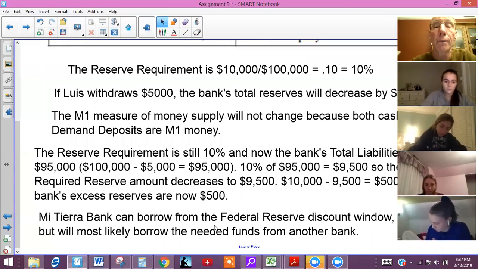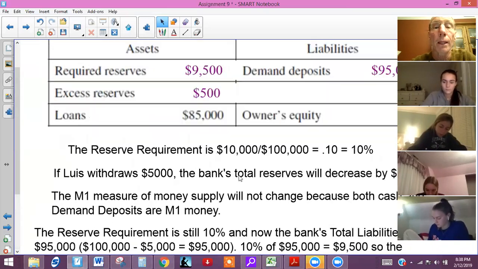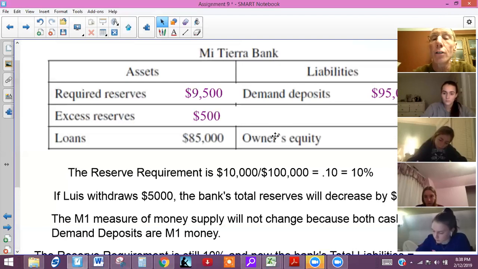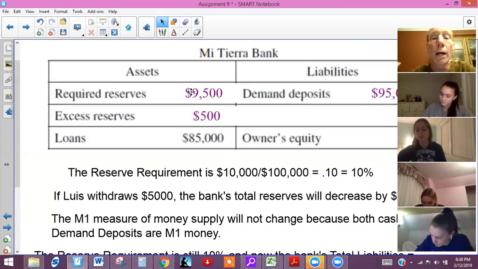So if more than 500 here is withdrawn, if somebody comes in and withdraws over 500, then they're going to need to borrow enough money to make sure they always have it. But think about it though.